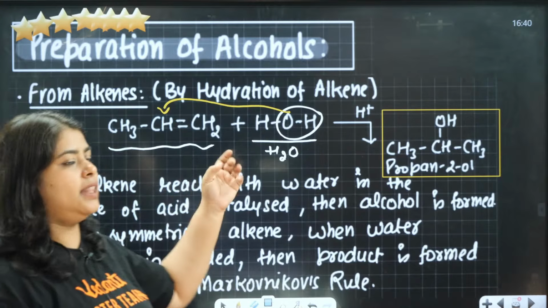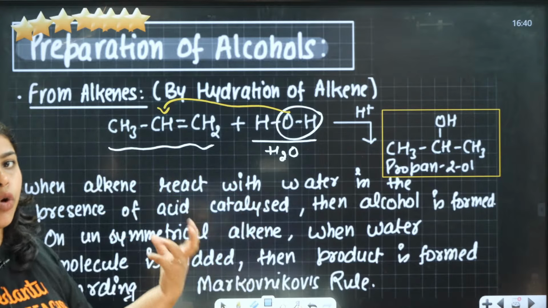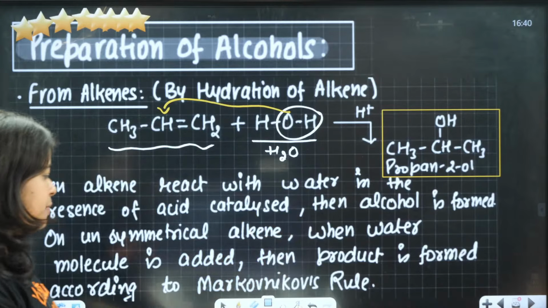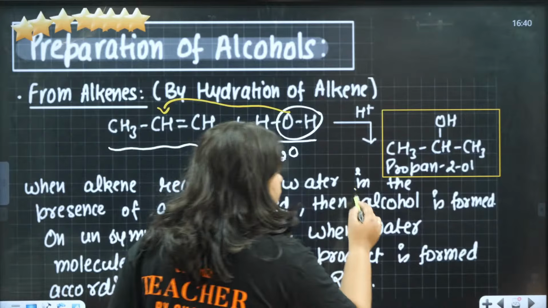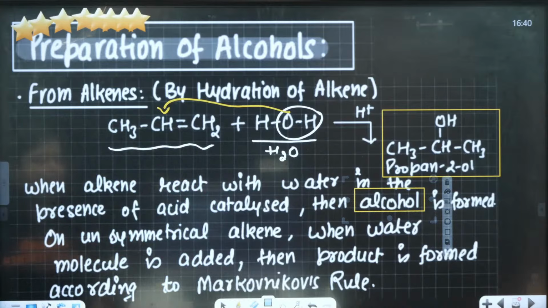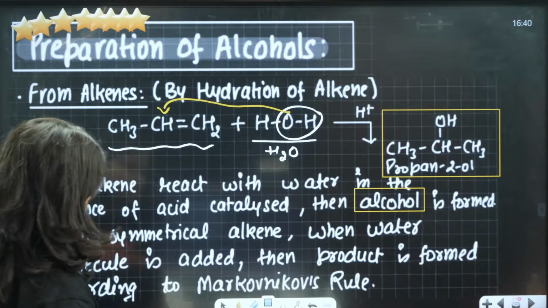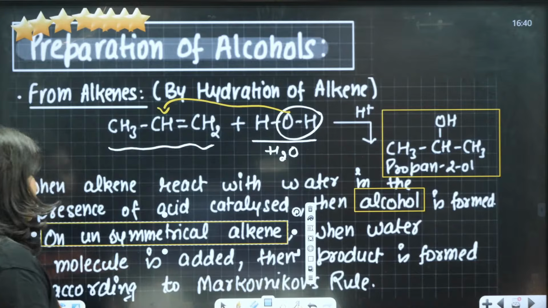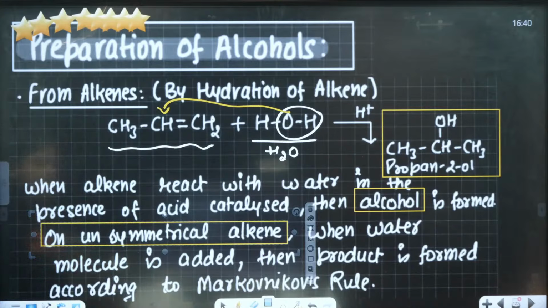When alkene reacts with water in the presence of an acid catalyst, alcohol is formed, that is ROH. And if we are using an unsymmetrical alkene, when the water molecule is added, the product is formed according to Markovnikov's rule.